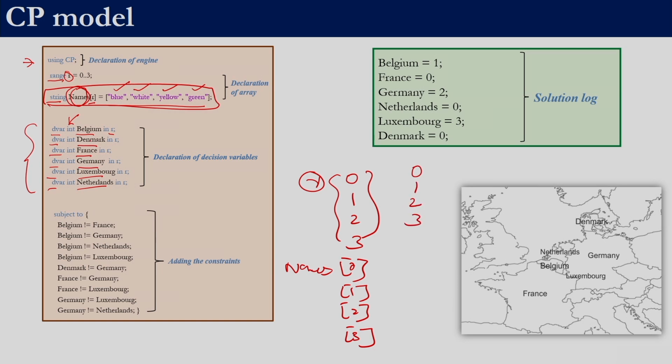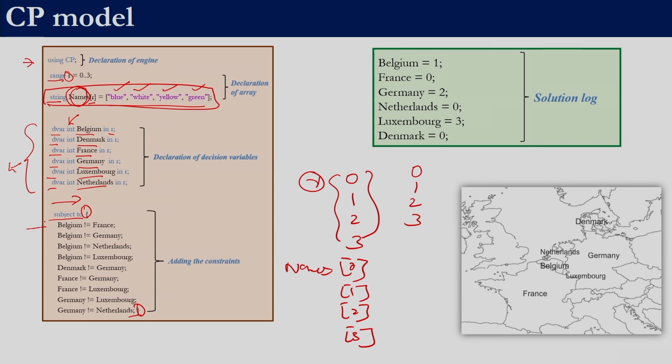Similarly, Denmark can take a value of 0 or 1 or 2 or 3. Over here we are just defining the decision variables, and for this problem we do not have an objective function. So, we do not write any objective function, we directly specify the constraints within these curly brackets.